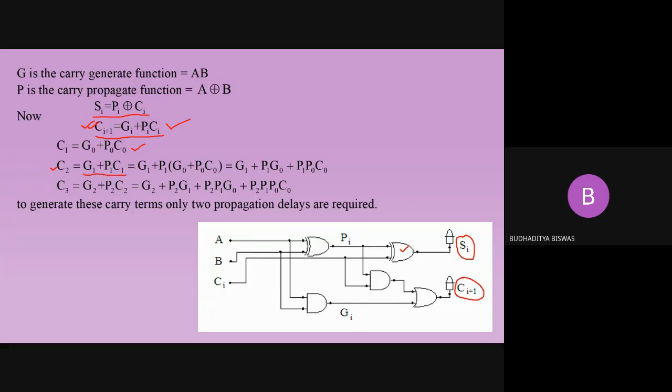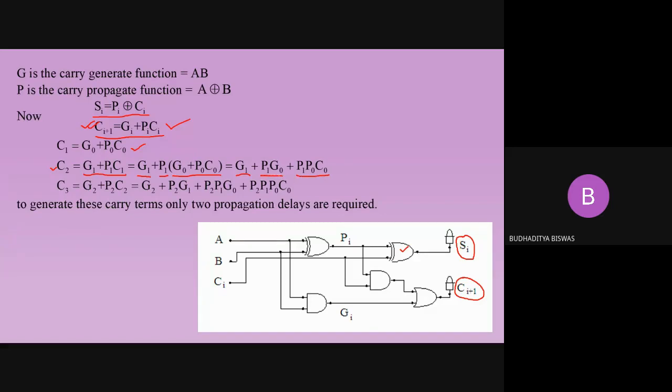Now again replace the value of C1 from the above expression. It becomes G1 plus P1 into G0 plus P0 C0, because this C1 is nothing but from the above expression, it's equal to G0 plus P0 C0. Now just break the expression. It becomes G1 plus P1 G0 plus P1 P0 C0.